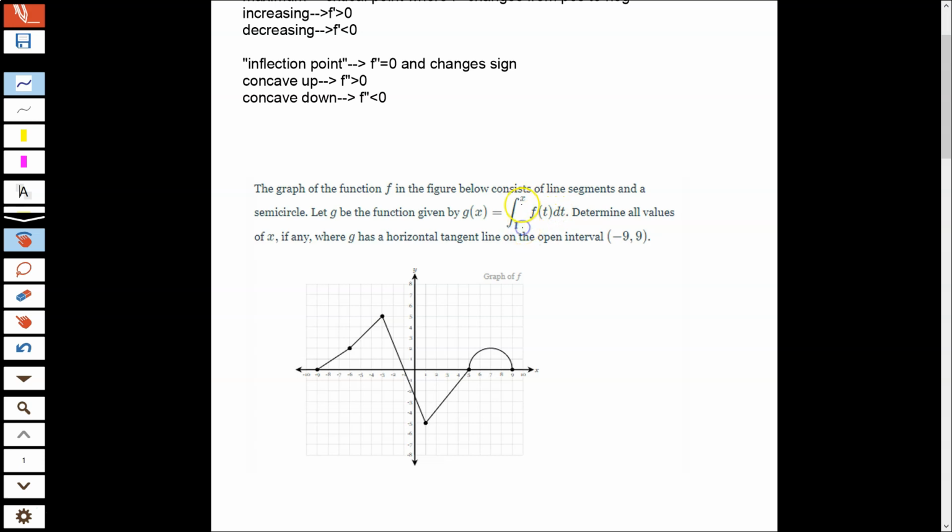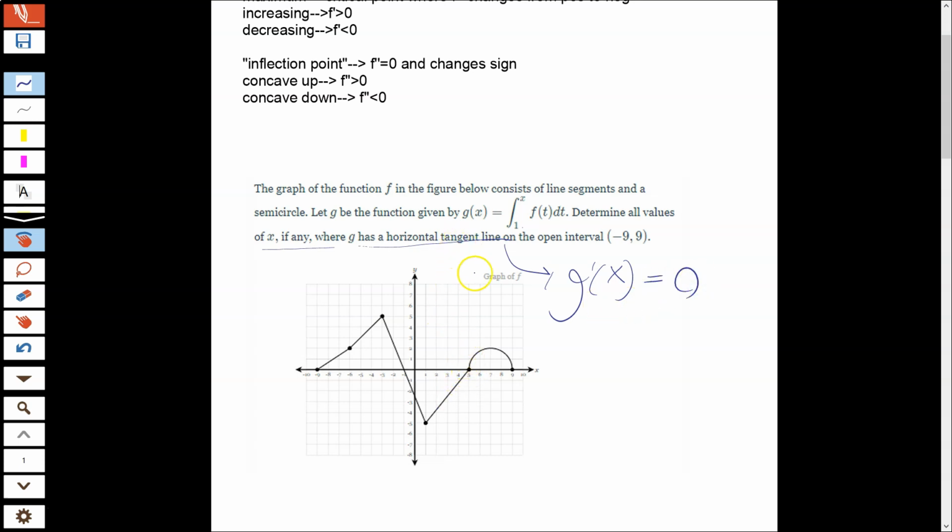We don't necessarily care about the bounds. We just note that it's an accumulation function, and we want the values where G has a horizontal tangent line. You know a horizontal tangent line is equivalent to, just like we've been seeing before, horizontal lines have zero slope, so we want the derivative of G to be equal to 0.